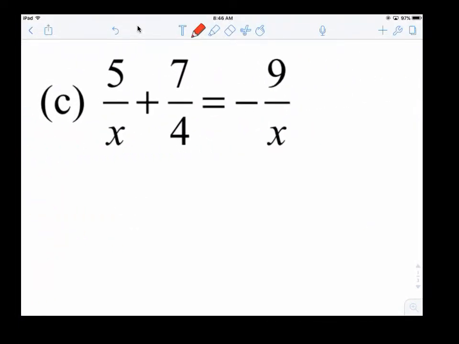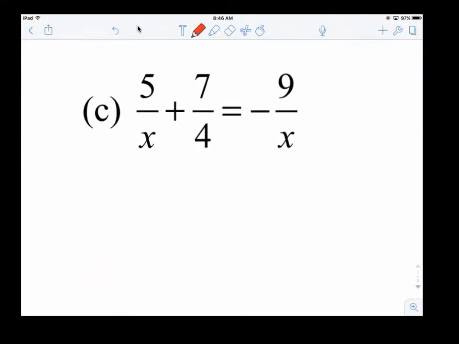All right, now for C, I can't really cross-multiply because I have 2 terms over here and 1 term over there. So this is where, again, you want to multiply by your least common denominator. What could x not be for this one? 0. So what would your least common denominator be here? 4x.